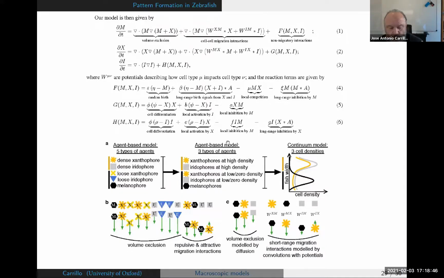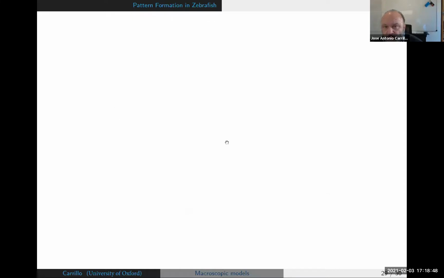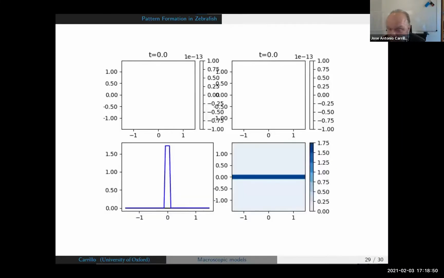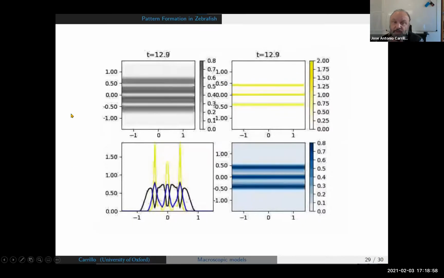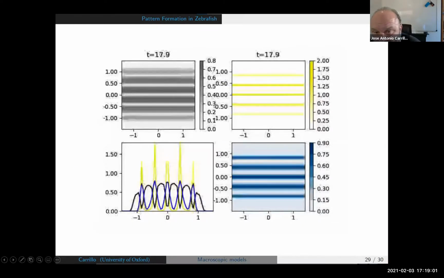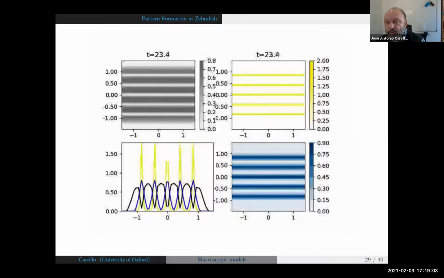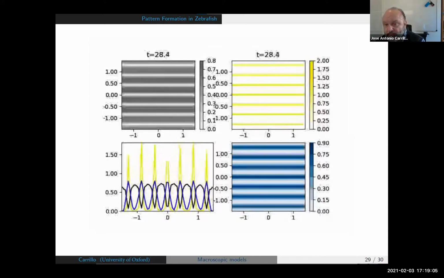And by doing so, we are able to produce a better fit to what people observed in the formation of the zebrafish, which is that the stripe patterns are produced in time from the myoseptum of the fish, so the center, where the cells are really produced.